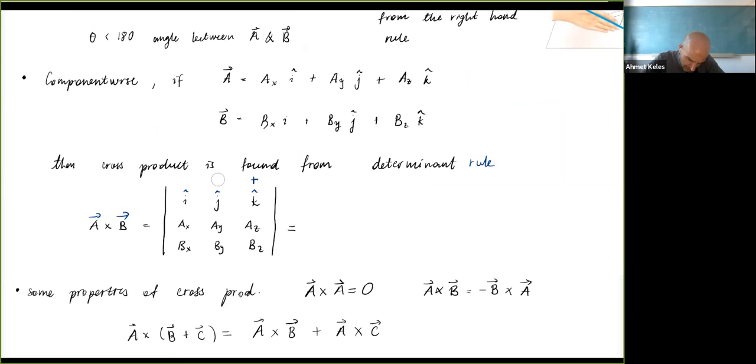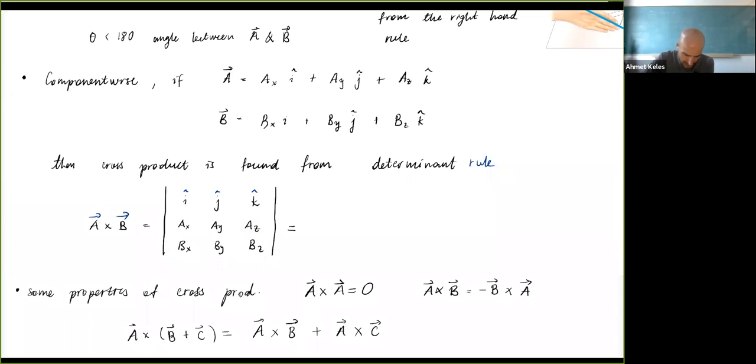In the first row, we write the unit vectors in order, I, J, and K. In the second row, we write the components of the first vector, AX, AY, and AZ. And in the third row, we write the components of the second vector, BX, BY, and BZ.